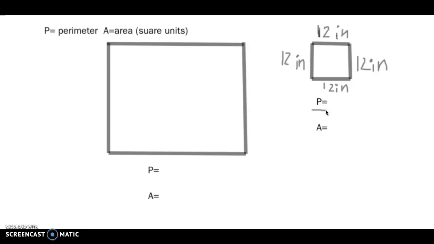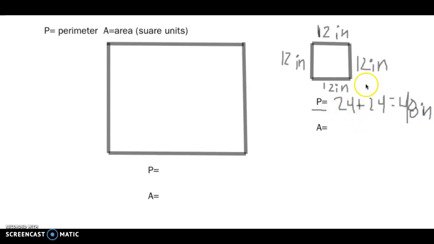All right, now that you are back, how did you do it? Maybe you went 12 plus 12 is 24. And then you went 24 plus 24, which would be 48. Our answer is 48. And what would we say? 48, what's my units? We always have to label. Inches, good job.